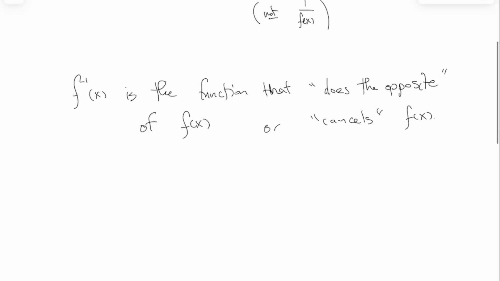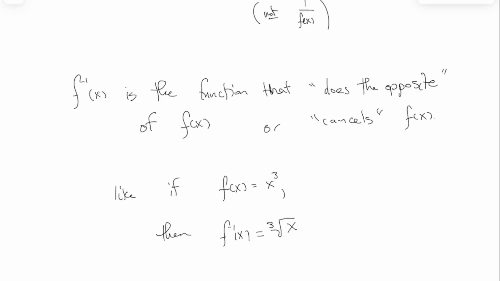For example, if f of x equals x cubed, then f inverse of x is another function which does the opposite, or undoes whatever the first one does. The first one is cubing the number. Can anybody say what's the inverse of that? That would be the cube root. Yeah. So this is cube root of x. That's the inverse of cubing.